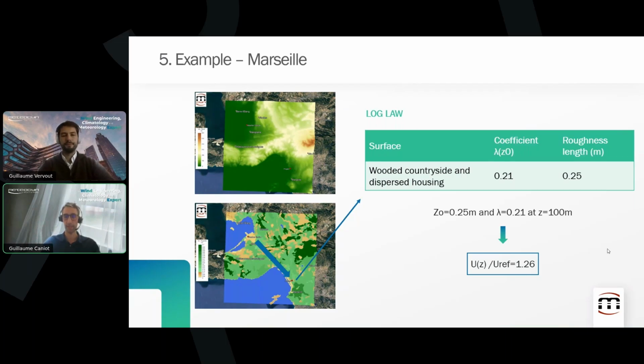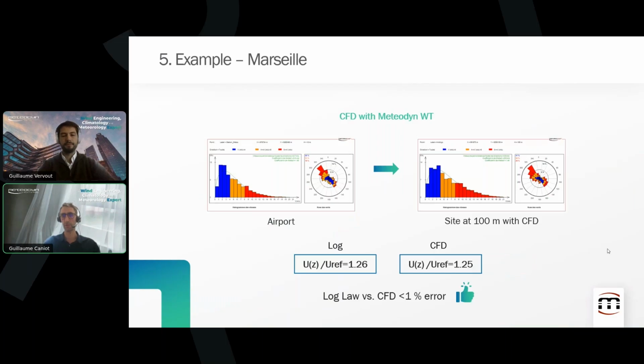Okay. So I will compare the result from the log law to a more complex approach using CFD with our product called WT. It gives about the same results: 1.26 for the log law, and CFD gives me 1.25. So almost the same numbers.